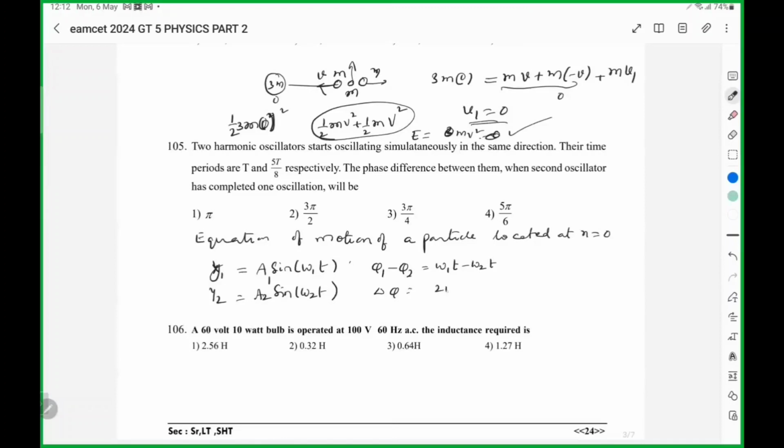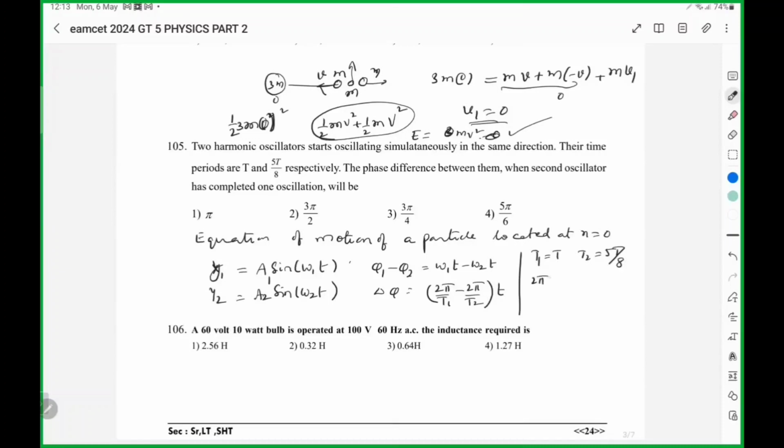So here omega 1 is 2 pi by T1, and for T2 he has given it as T by 8.